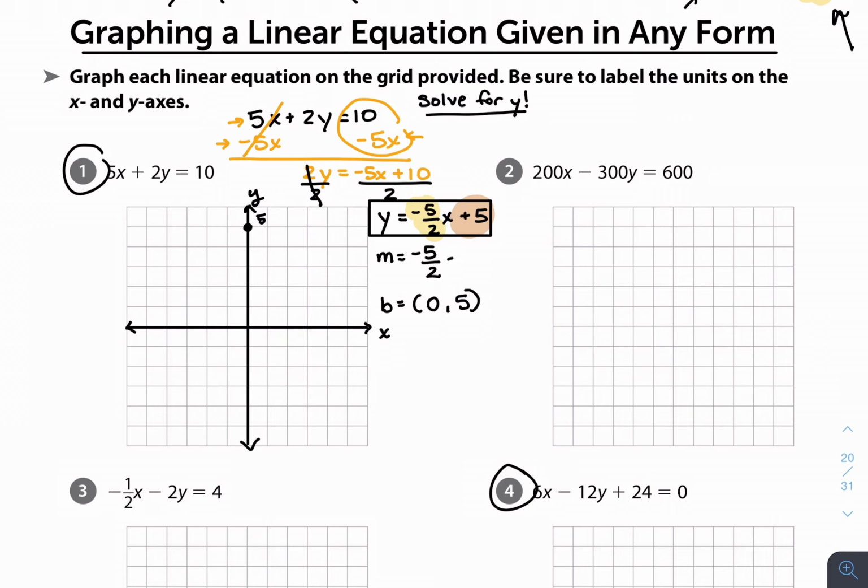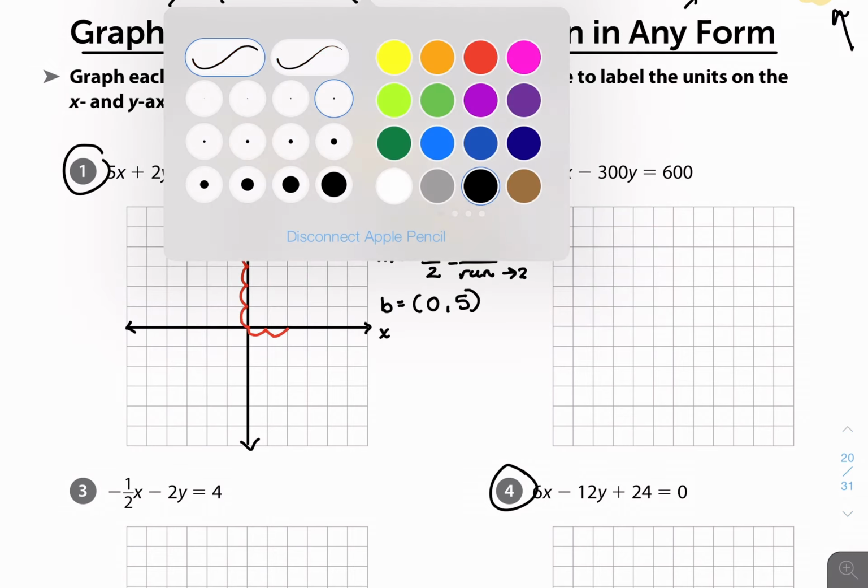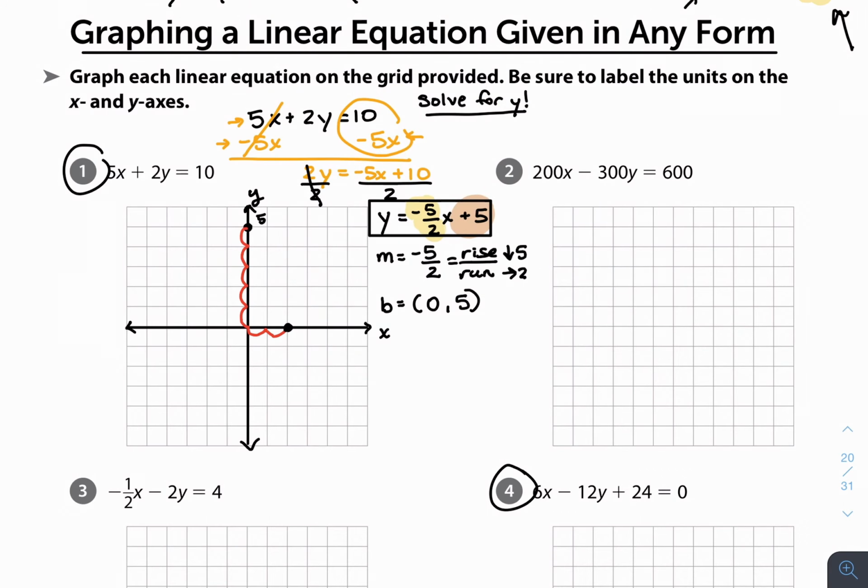And now my slope, my rise over run, means I'm going to go down 5 and right 2 to get to my next point. 1, 2, 3, 4, 5 down, 1, 2 to the right. That's my next point, and then I do that again.